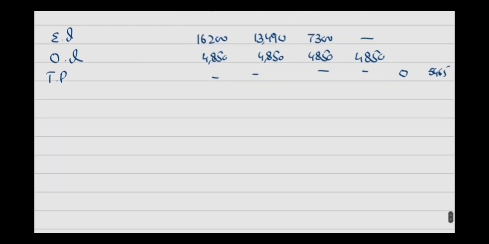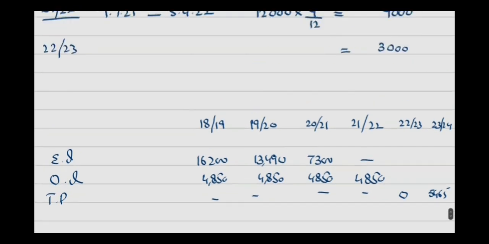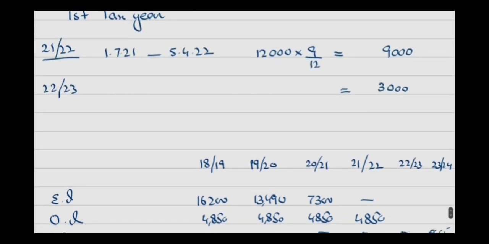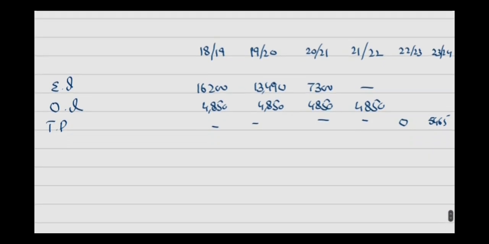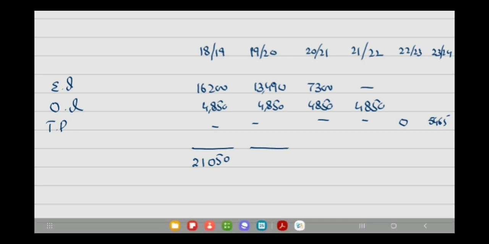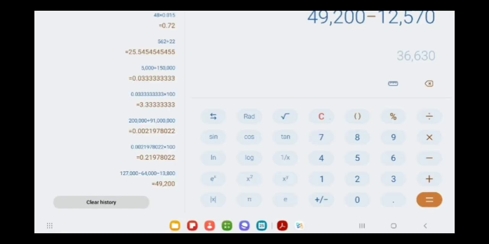So first, the loss suffered in the year 21-22 can be set up 3 years back, meaning 18-19, against the total income of 18-19. In 18-19, total income is said to be 21,050. In this year, the income is 13,490 plus 4,850, which is 18,340.